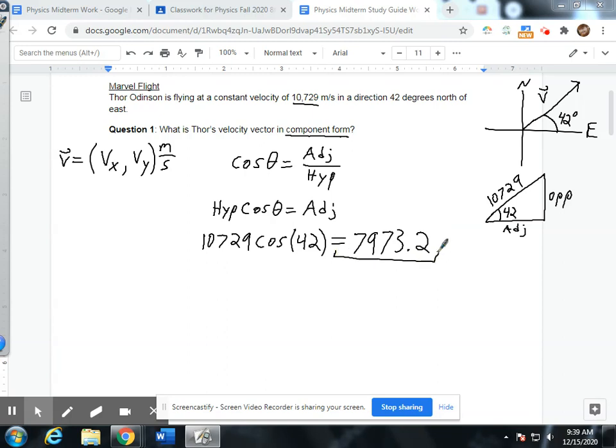Next, we'll find our opposite side, our y component. For that, we're going to do the same process, but with sine instead of cosine. So sine theta is equal to opposite over hypotenuse. And then to find our opposite side, multiply hypotenuse up.